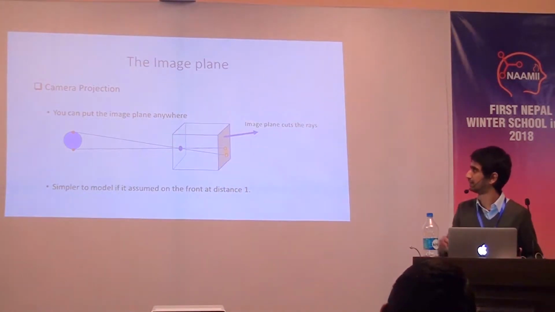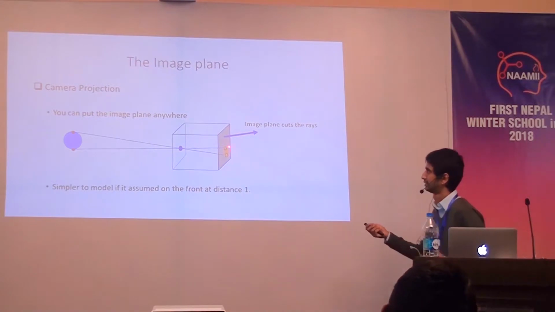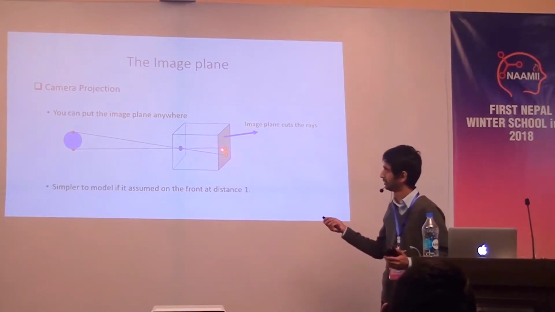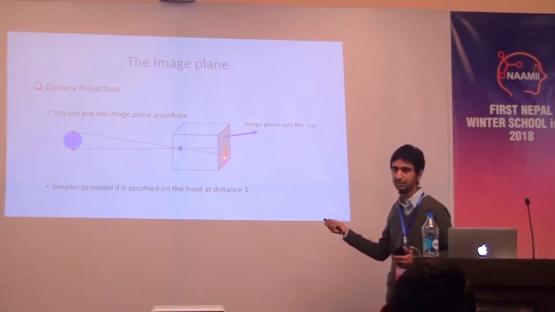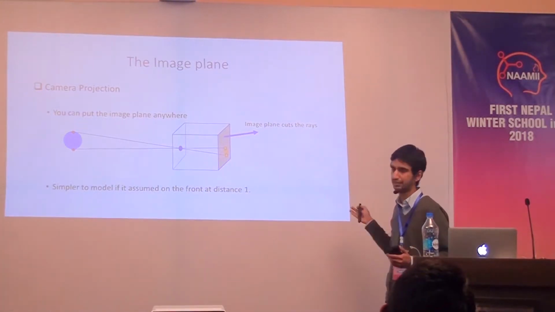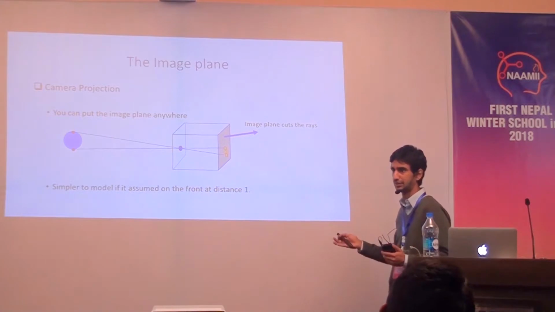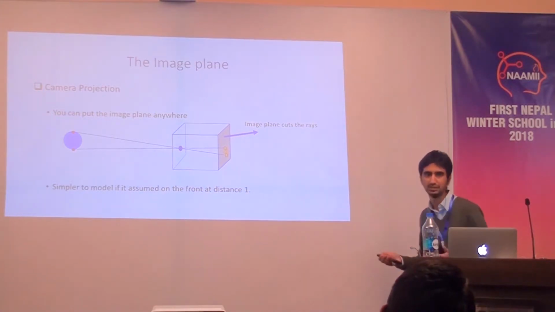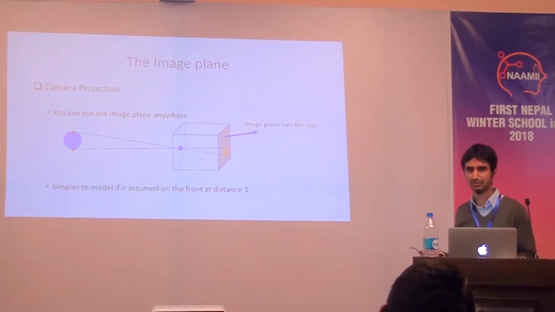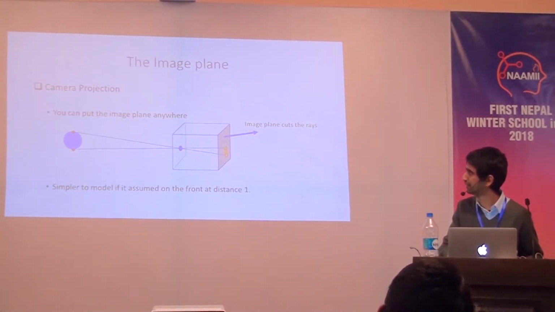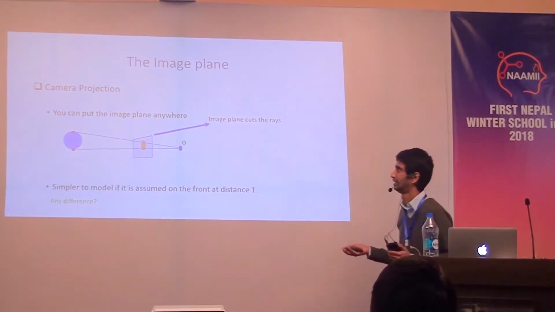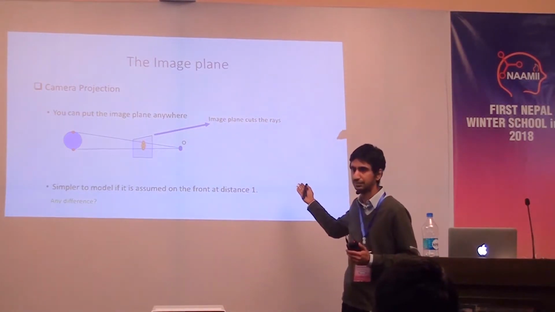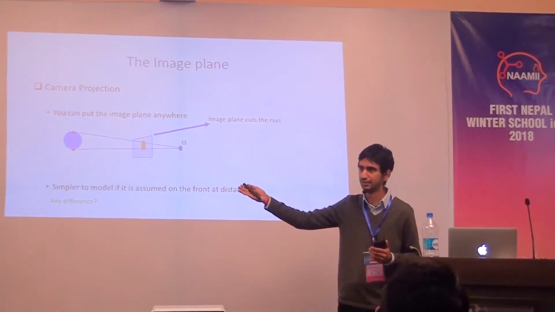So now you have the projection here, it's inverted, and it's behind the camera, which is not that convenient to use in practice. Mathematically, this is the same as if you put the image plane in front of the camera.